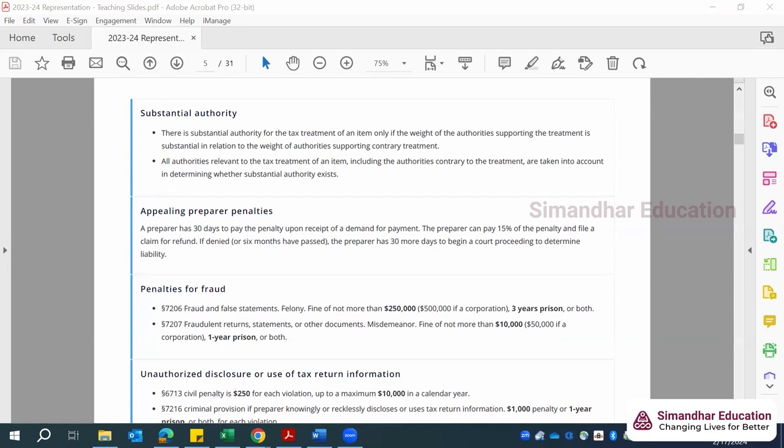If you reasonably believe that whatever you have done is correct and the position is not contrary to the Internal Revenue Service, you can fill out Form 8275 and say that I have a reasonable basis on which I have prepared the tax return. So 8275 and 8275R are the disclosure forms which you fill out to inform the authority of the standards that you are abiding by or the standards that you're taking on the tax returns.